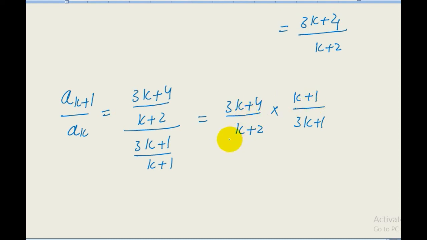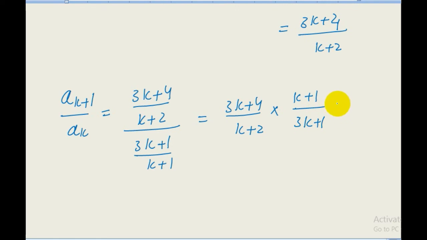So is this relation less than 1? The reason is, if we put k equal to 1, we get 3 plus 4, 7, 7 into 2, 14, 14 upon 3 into 5, 14 upon 15.